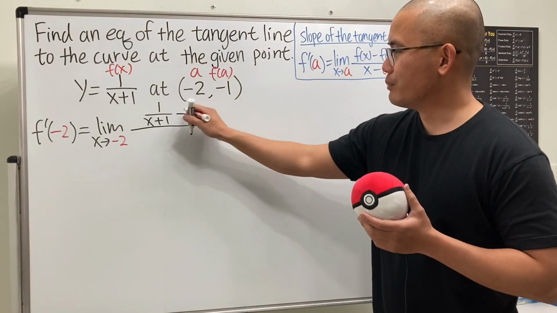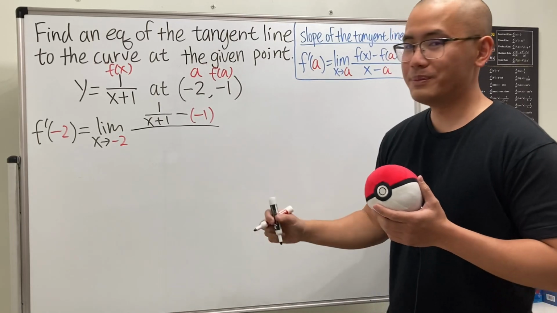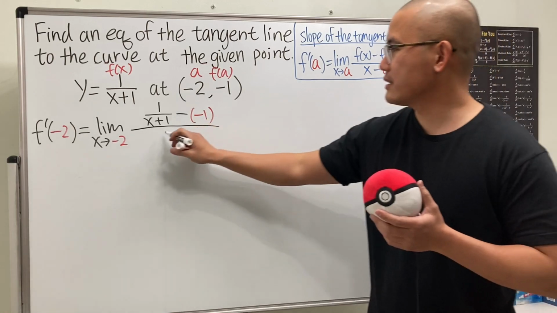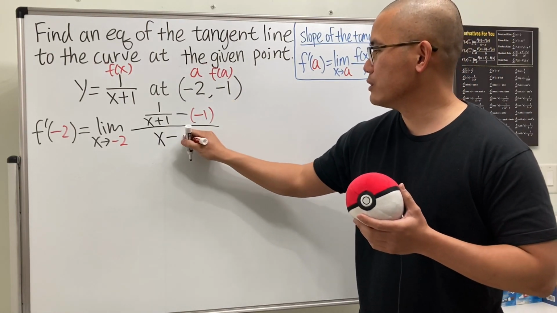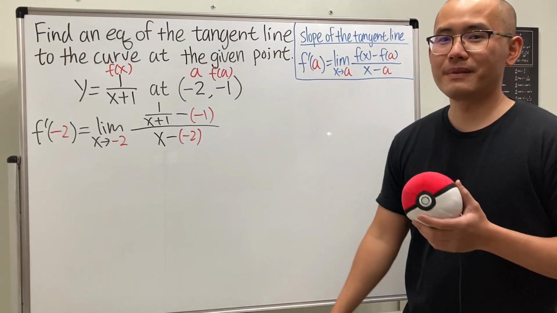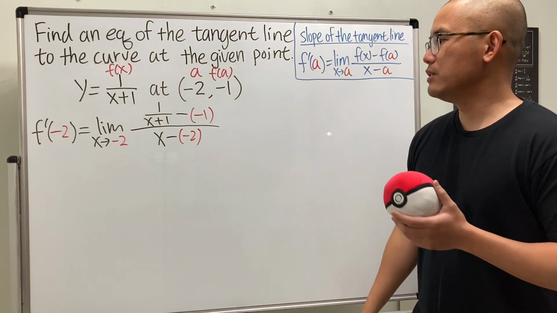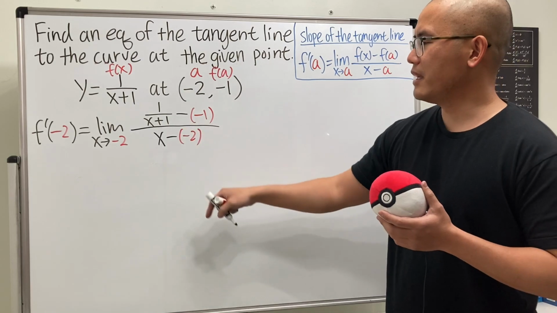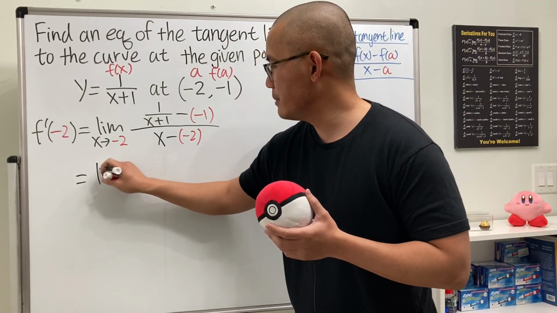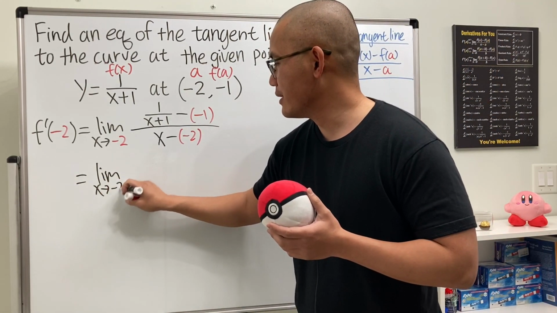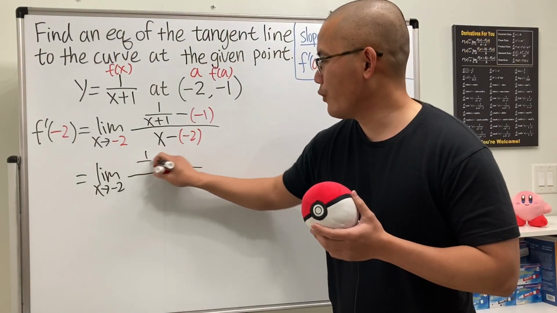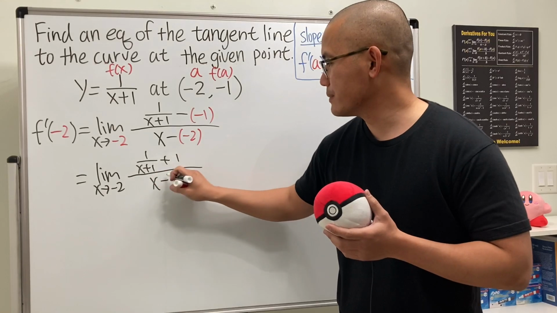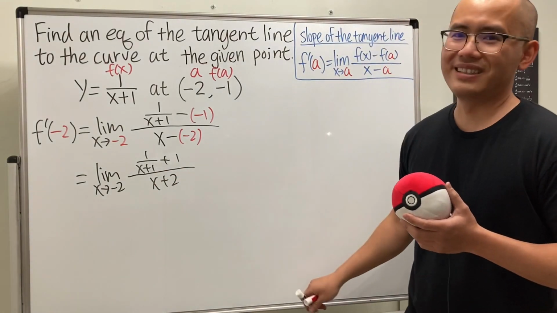So we will have to do minus negative 1 like so. And then on the bottom, we have x minus a, which is x minus the a, which is negative 2, like this. This is a complex fraction situation, and perhaps we will just clean up the negative first, if you guys don't mind. So this is the limit as x approaching negative 2. And we are going to get 1 over x plus 1, and then this is x plus 2. Okay, much better without the negatives.